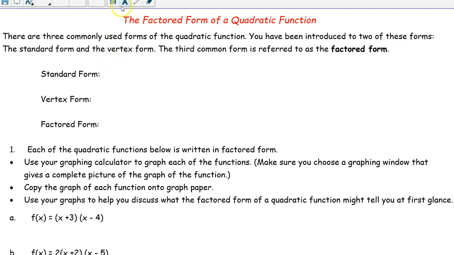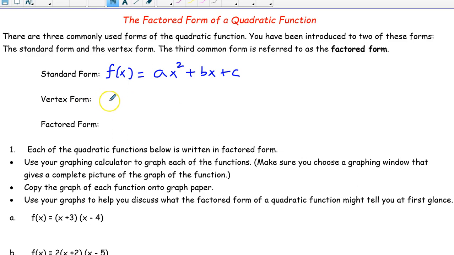And the third common form is referred to as the factored form. The standard form of a quadratic function is f of x is equal to ax square plus bx plus c.